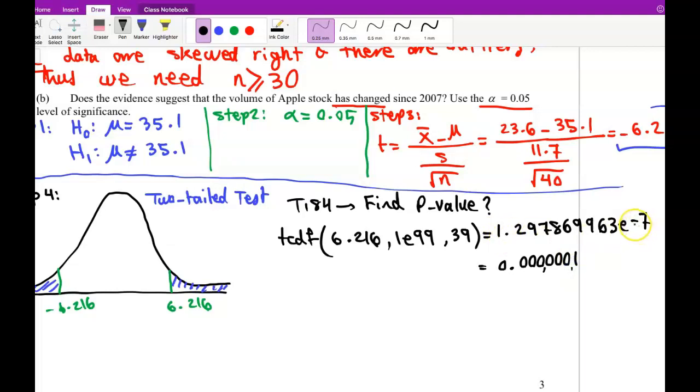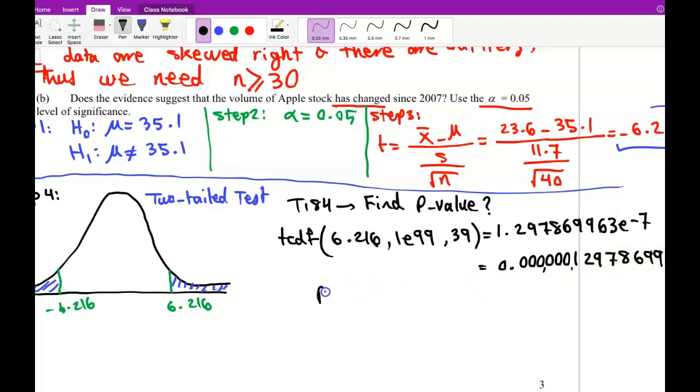Now I have negative 7 on that part, that's why I should have 7 decimal places. So moving this decimal point to the left side, this is what we have. Okay, this is enough.